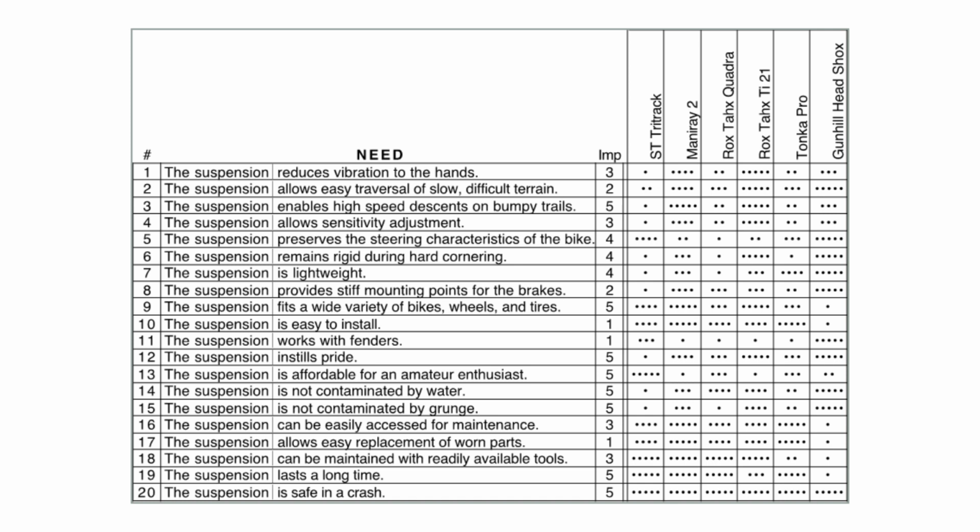Actually, maybe it's not completely the same, but they have some similarities. So in this example, we have 1, 2, 3, 4, 5, 6 competitive products. It means 6 competitors. The first one is called ST Triatrex. The second one is Maniere 2, and so on. And we try to put dots.